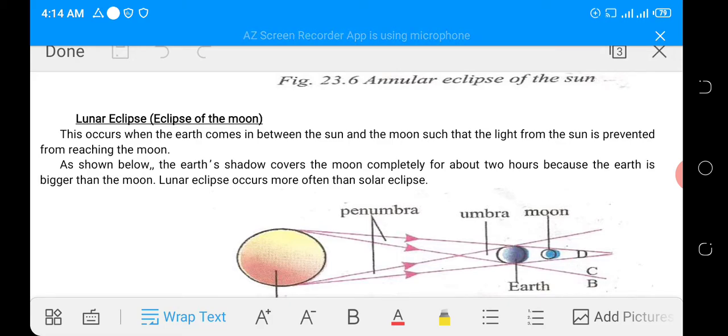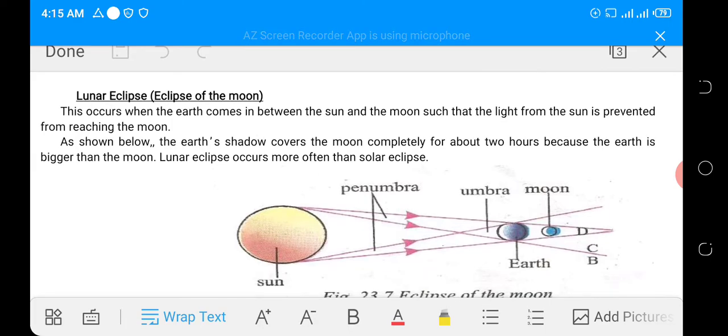Because the earth is bigger than the moon, the umbra of the earth's shadow will cover the moon completely, so that there will be total eclipse on the moon, and it will only last for about 2 hours. And lunar eclipse occurs more frequently, more often than solar eclipse.